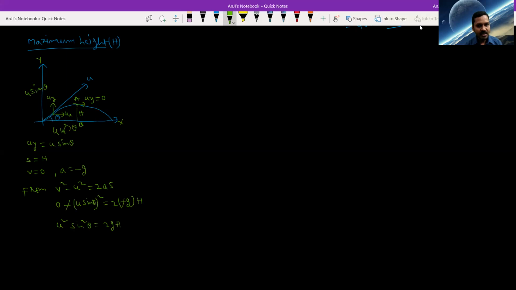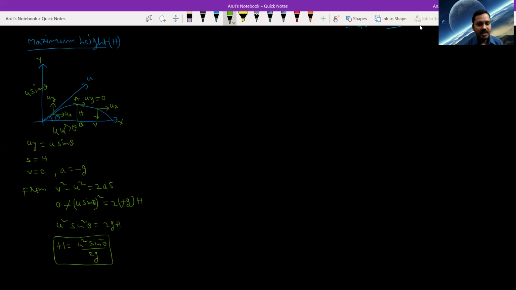Therefore the maximum height of a projectile body h is equal to u square sin square theta divided by 2g. This is the maximum height of a projectile body. But from the diagram, clearly the velocity of the body is changing along y direction. Suppose I take one more point after maximum height. At this point, the velocity along x direction is ux, but this is vy.